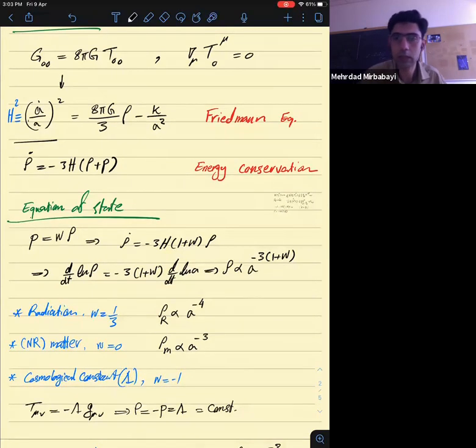Then it becomes a bit harder to solve. But in principle, if I say what components of matter I have with what equations of state, I will be able to solve it. So let us just consider a simple example and solve it and see what we get.